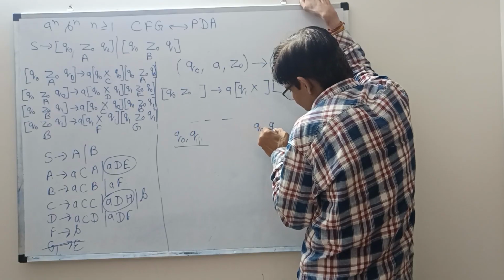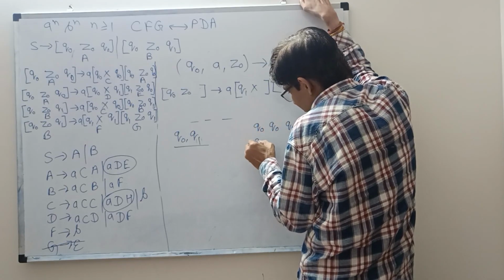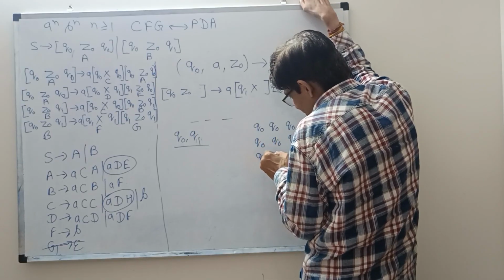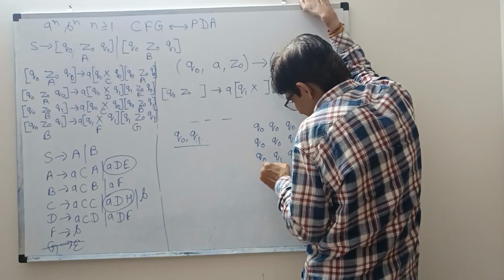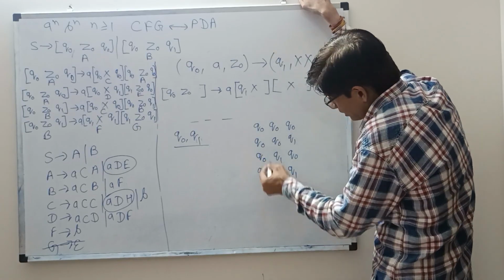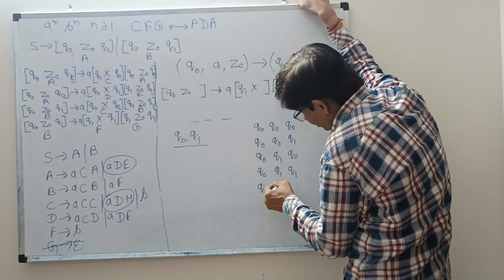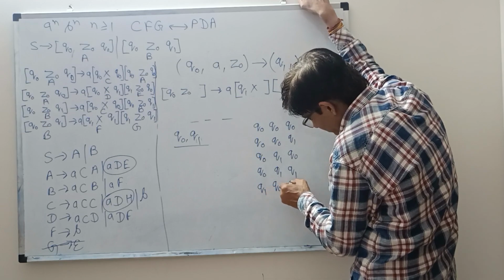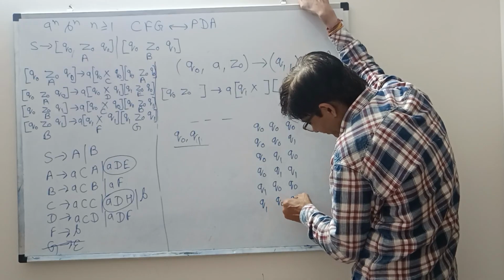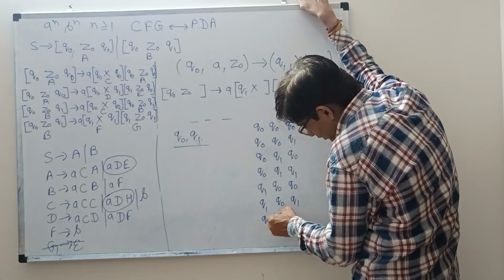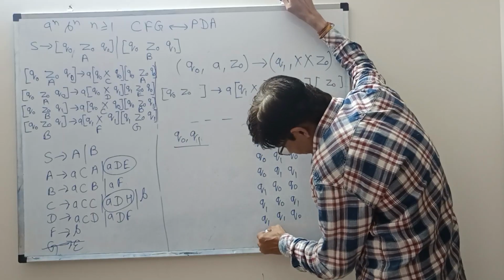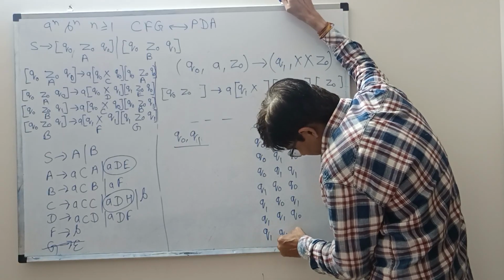Like Q0, Q0, Q0, then Q0, Q0, Q1, then Q0, Q1, Q0, then Q0, Q1, Q1, and then Q1, Q0, Q0, then Q1, Q0, Q1, and then Q1, Q1, Q0, and then last is Q1, Q1, Q1.